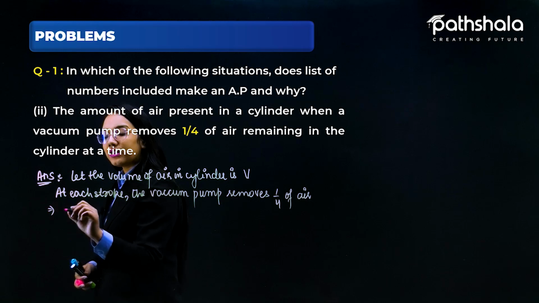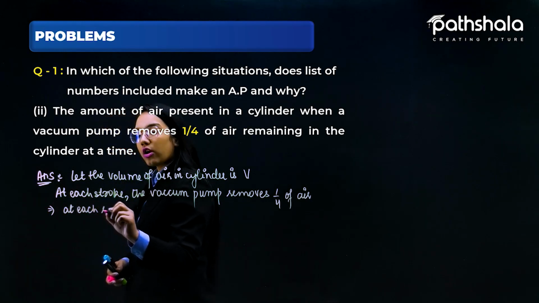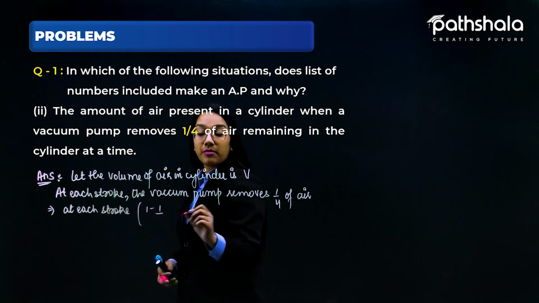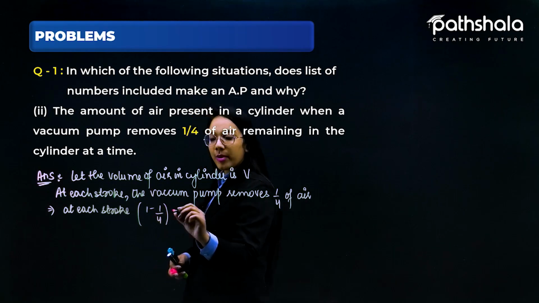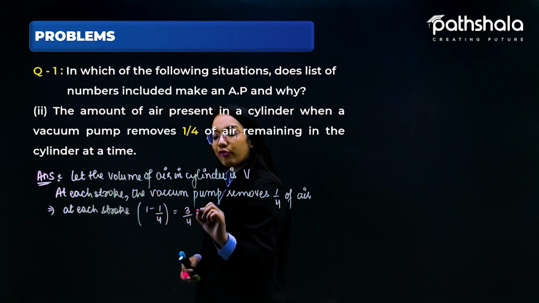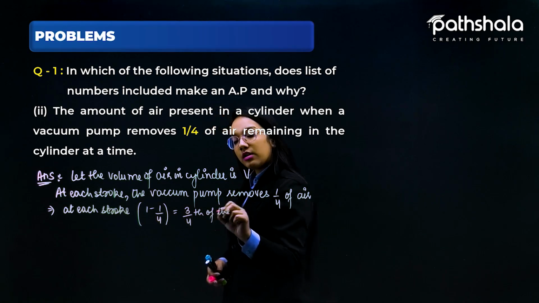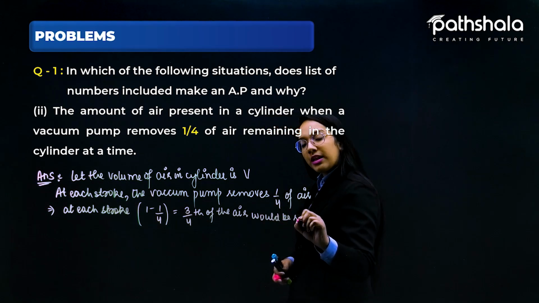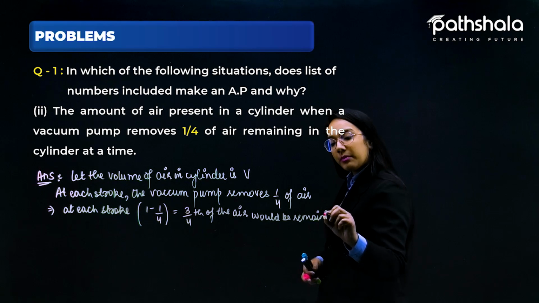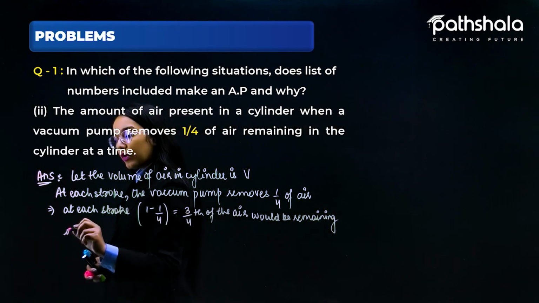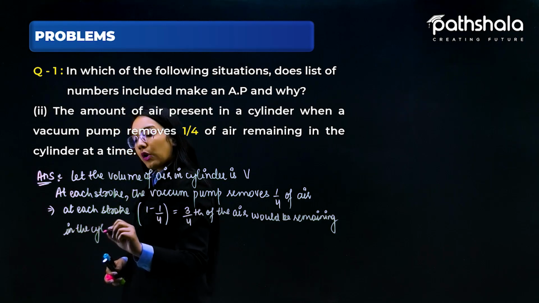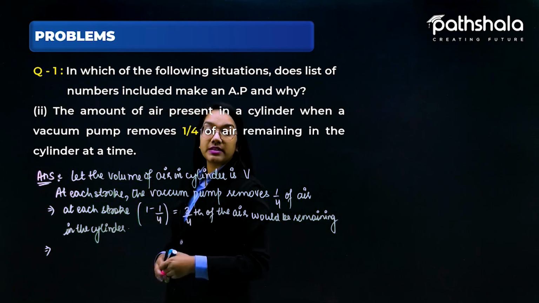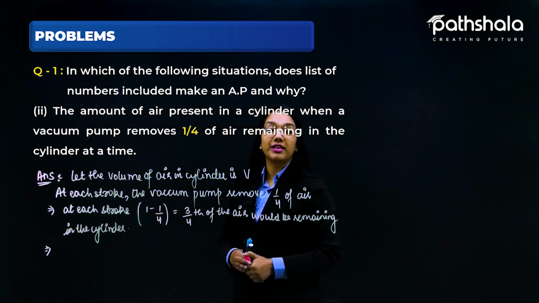So it implies that at each stroke, 1 minus 1/4, that is 3/4 of the air, would be remaining in the cylinder, because the situation itself says that the vacuum pump removes 1/4 of the air remaining in the cylinder at a time.